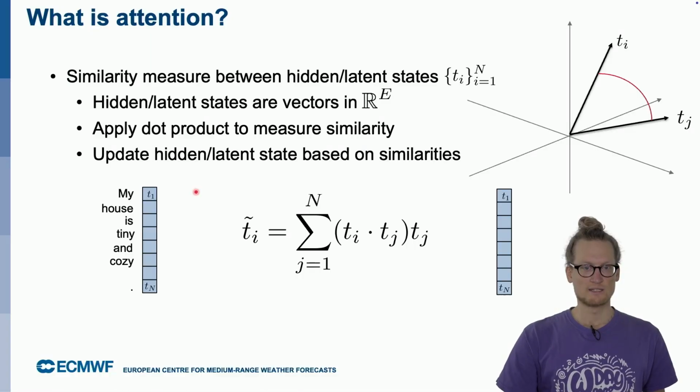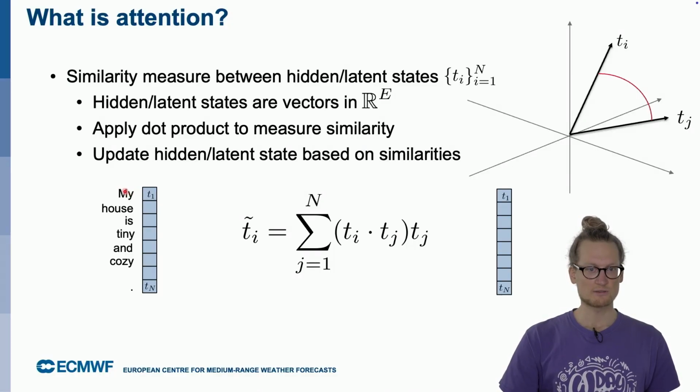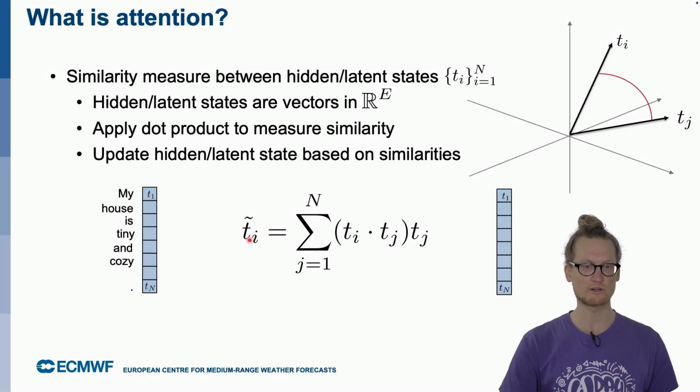Here on the left-hand side, we have the inputs: my house is tiny and cozy, for example. Let's start with "my", so t_i with i equal to 0 at the moment.